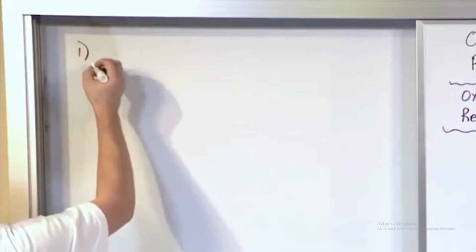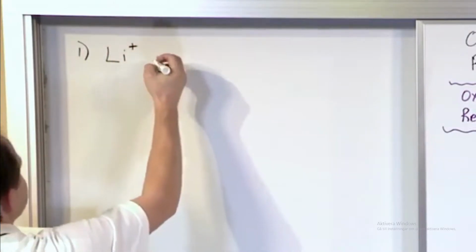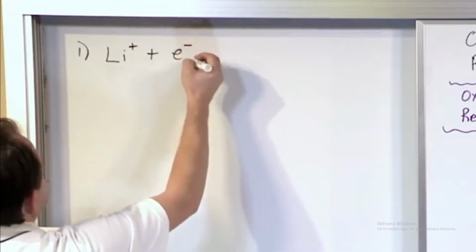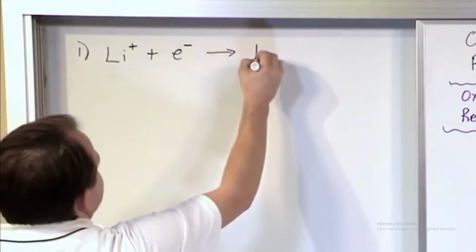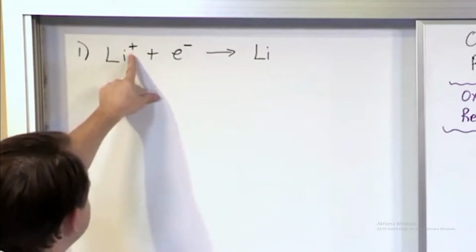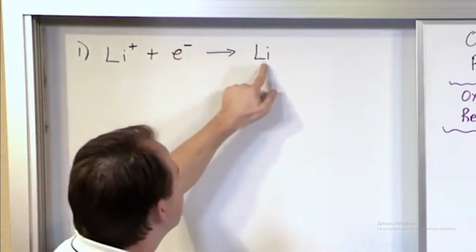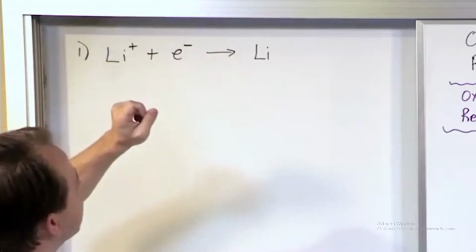Let's look at a half reaction real quick. What if we have lithium, which is a positive ion? Let's say that we have something like this. And the question I have for you is, is this an oxidation process or is this a reduction process? Well, here we have lithium ion, so it's already a positive charge. An electron comes along with that lithium ion, and out comes a neutral lithium atom.